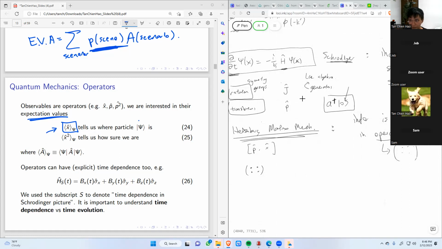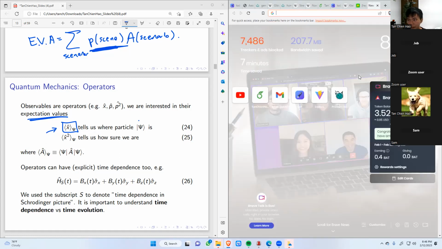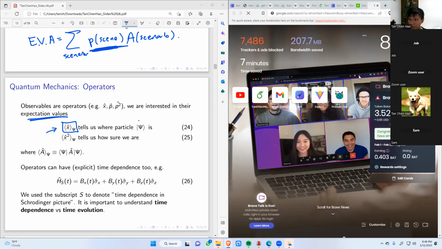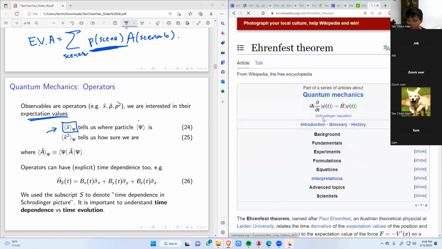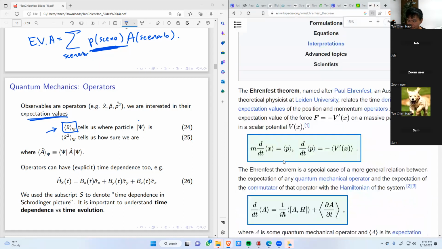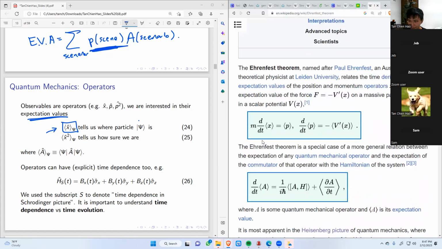And in fact, we even have a theorem called Ehrenfest's theorem. If we calculate the expectation value of position and take the time derivative, it equals momentum.